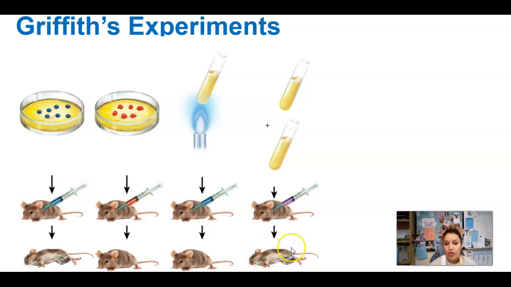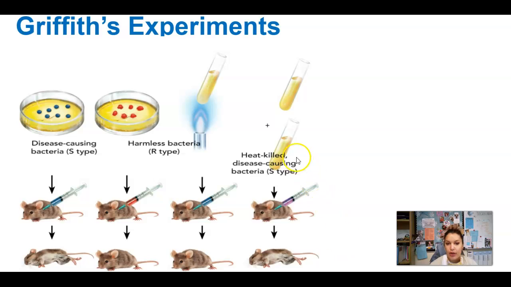And so ultimately transformation means that something that has good DNA that's still living can transform into something bad. And that is why this poor little mouse is deceased now. It's very sad. So anyway, that is transformation in a nutshell.